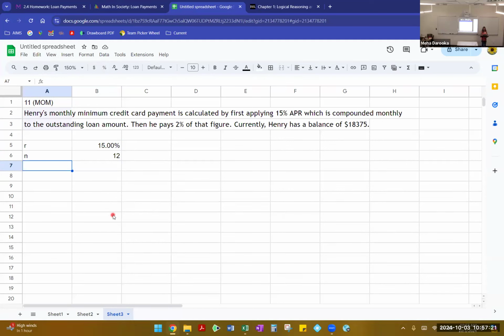Current balance is 18,375. Because it's a loan we're paying, this will be our principal, and then the future value should come down to be 0 like we've done in the other examples. Am I missing anything else?